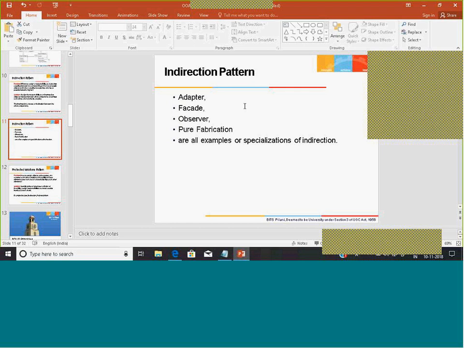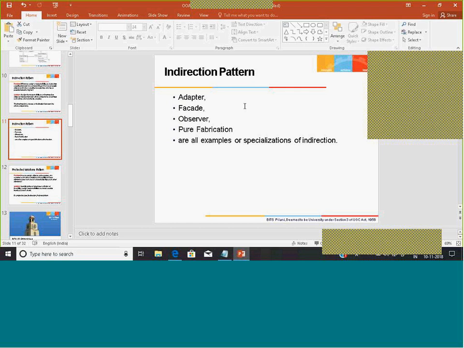Similarly, we can take the facade pattern. The facade pattern decouples the various subsystems from the outer system. The clients which are trying to access my system are being indirected, or their coupling is being reduced with the subsystems. So they no longer interact with the subsystems, but only interact with the facade object. A layer of indirection is being introduced between the client and the subsystems in my system.